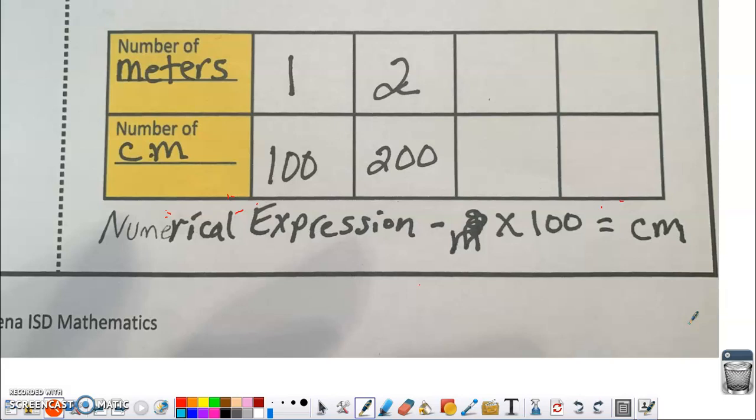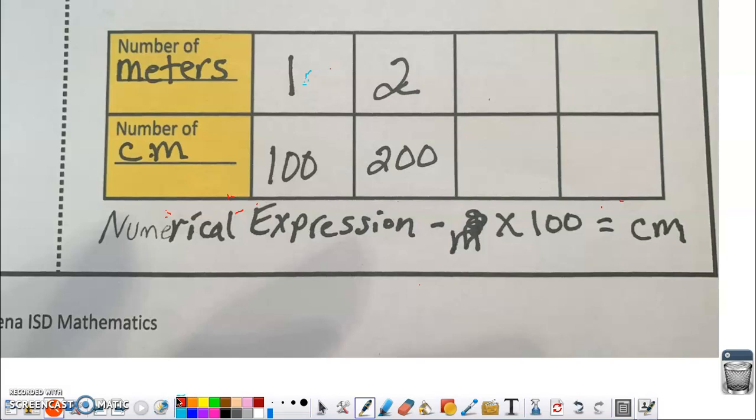We're going from meters to centimeters, so I have 1 meter, and if I look at the other side of my note taker, or my reference chart, I will see that there are 100 centimeters in a meter.